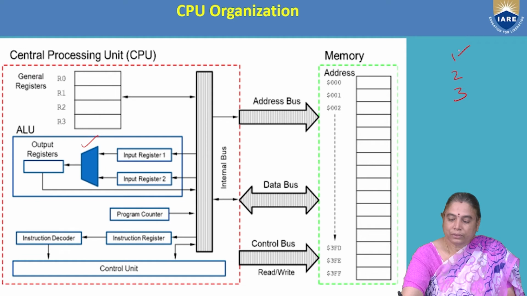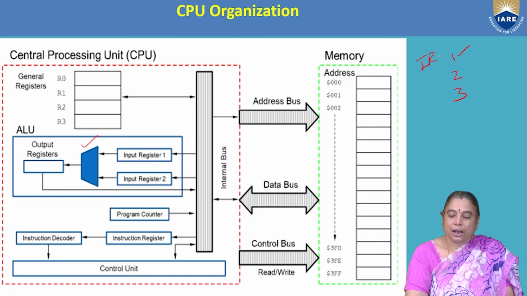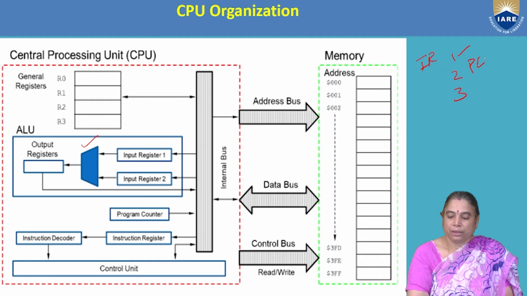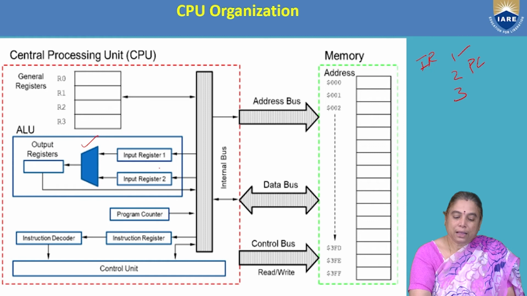The address of this instruction is loaded in the instruction register, and the address of the next instruction is loaded in the program counter. So the second instruction address is loaded in the program counter. After the instruction is fetched, it has to be decoded, so that the operation to be executed is taken care of by the ALU.